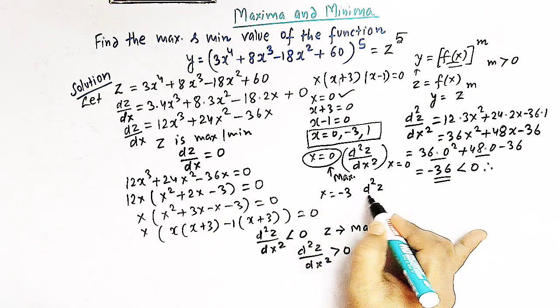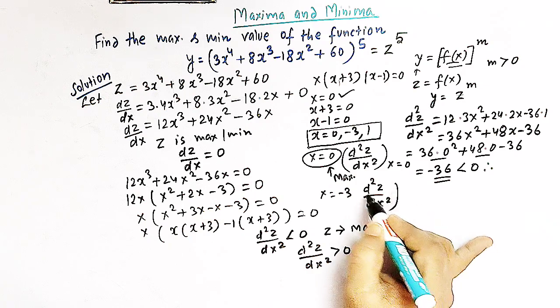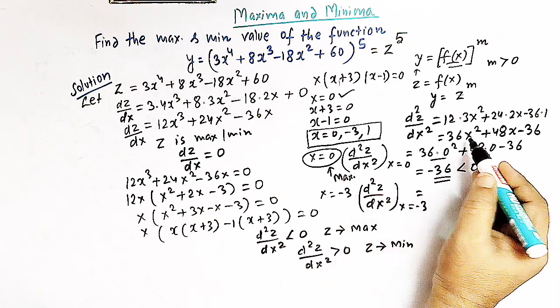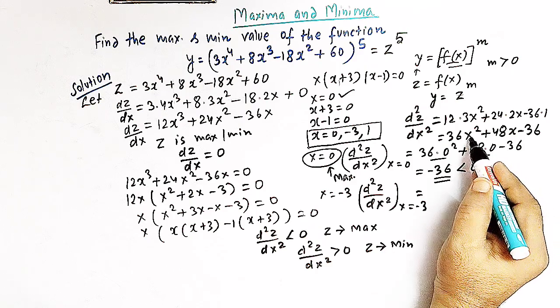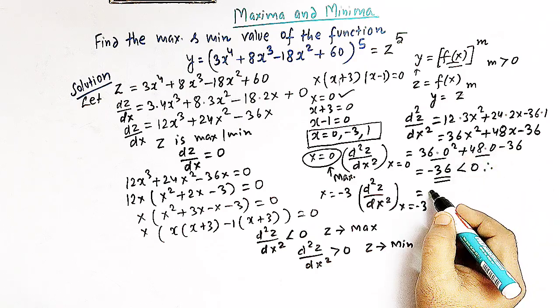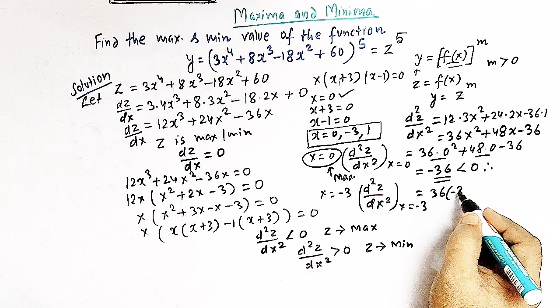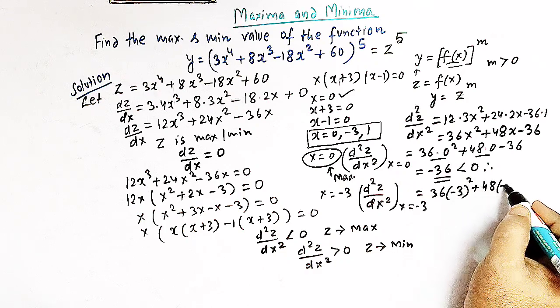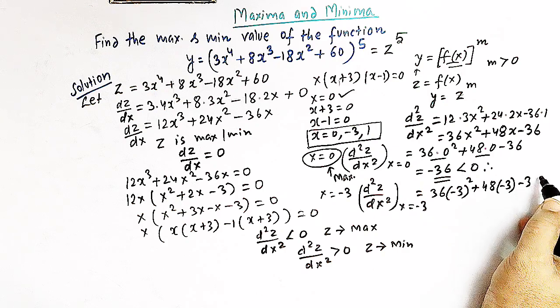So the value of the second derivative at this point, that is minus 3, is given by taking x equal to minus 3 here. So we have 36 times minus 3 square, then we have 48 times minus 3 minus 36.